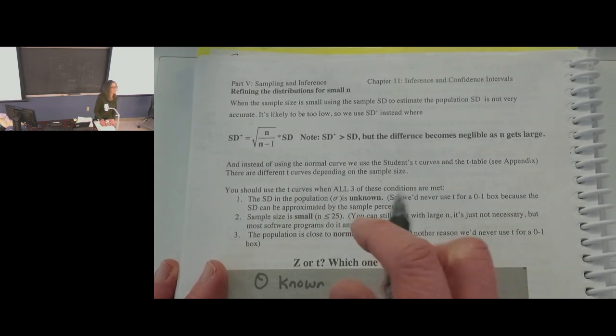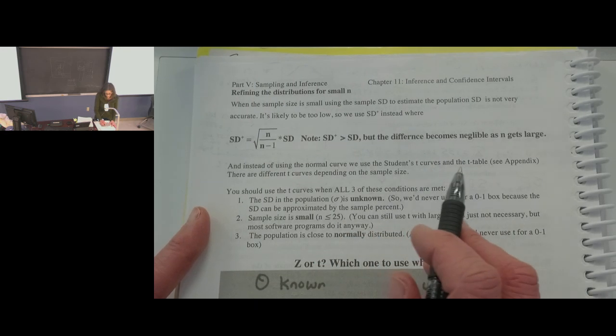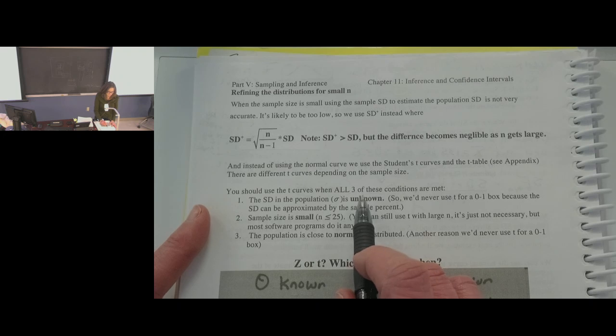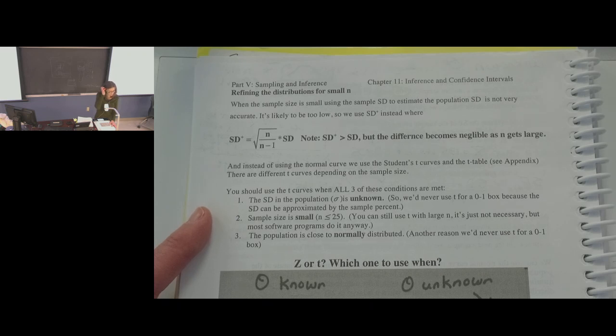Now, here's the adjustment people do care about because we have a different distribution. We have t-curves, and you should use the t-curves because if you actually have a normal distribution and you don't know the standard deviation of your population, this is the distribution that the sample average follows.